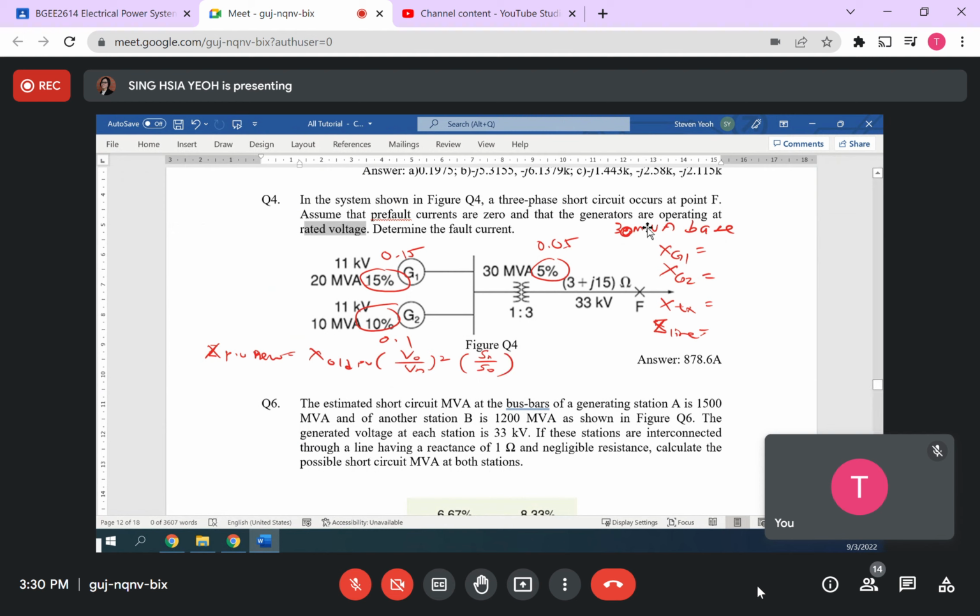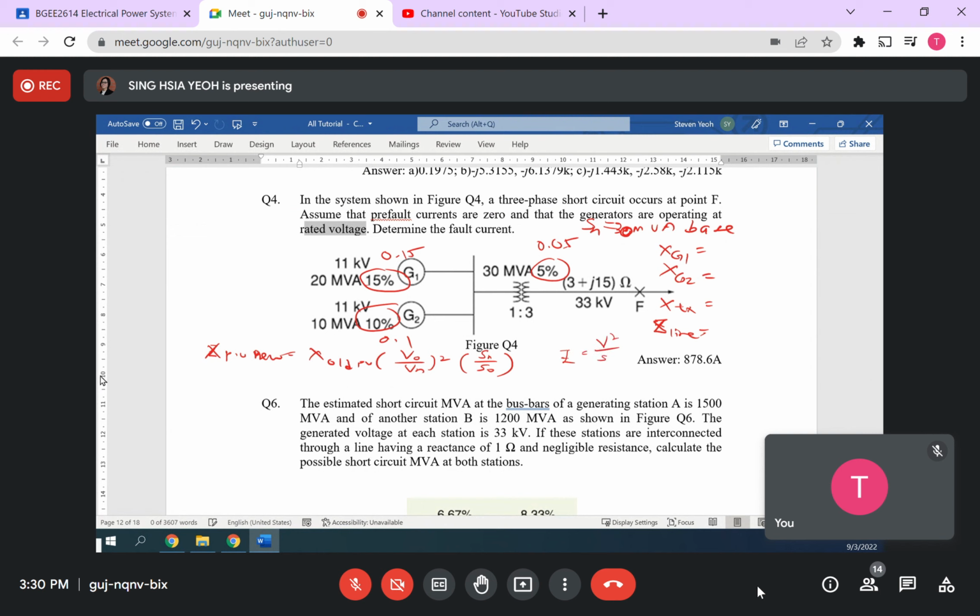We set S new as 30 MVA. So this is a new base. Then the voltage is the same. Then S old for G1 will be 20 MVA, G2 10 MVA. This one, 30 MVA, means the same. And this one you need to use what? Z base equals to what?